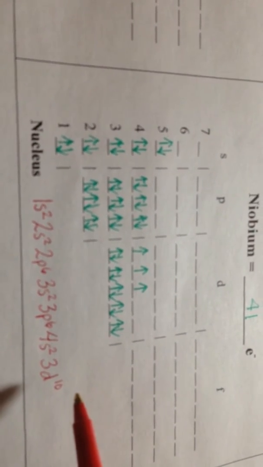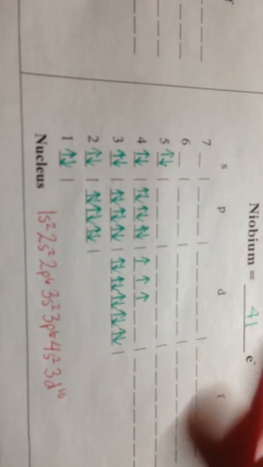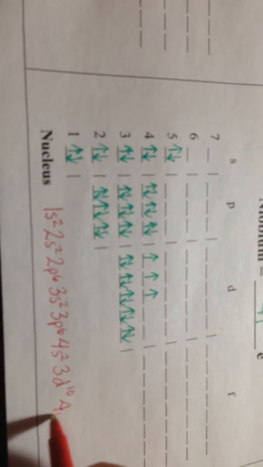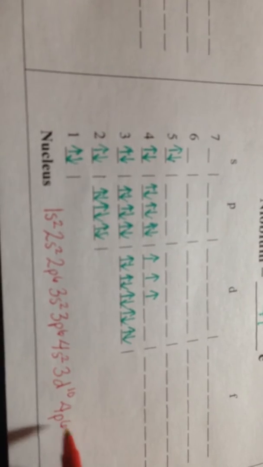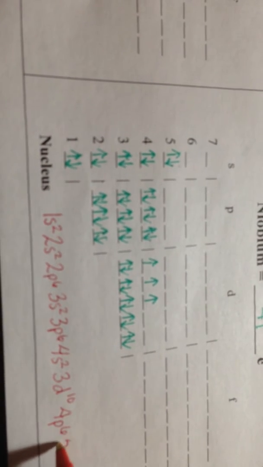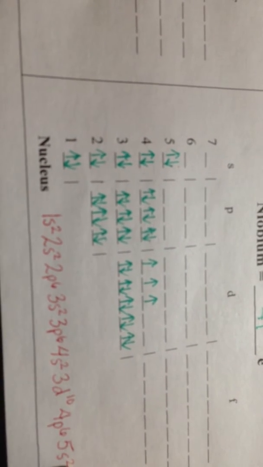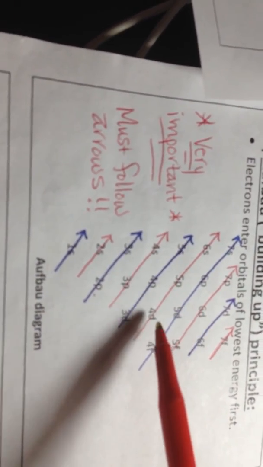After 3d is going to come 4p according to Aufbau. You can check your diagram, but you'll see that after 3d comes 4p. And then after 4p will be the 5s. And then after 5s, from the Aufbau diagram, we're up here at 5s, we come back to this 4d level.